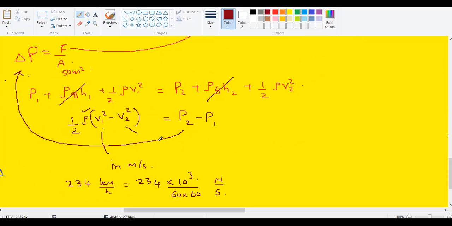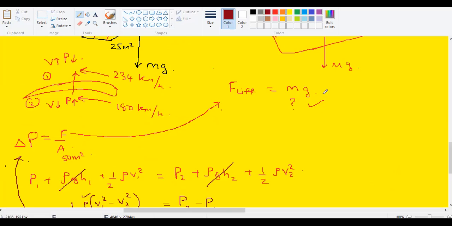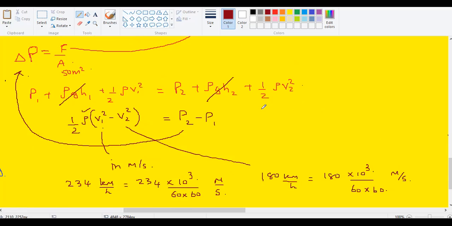Do the same thing for V2 also. So find the delta P here, find the force here, put it over here, get the mass. That's all. Multiplication and division is your department, I cannot do it. Any questions, any doubts?